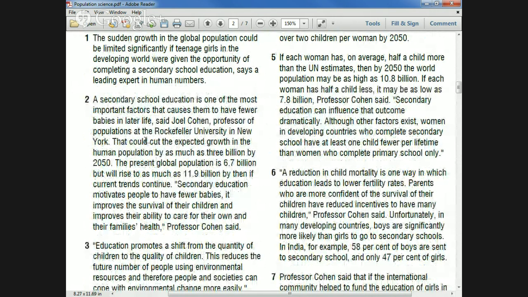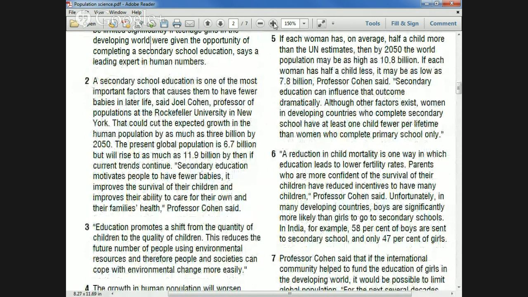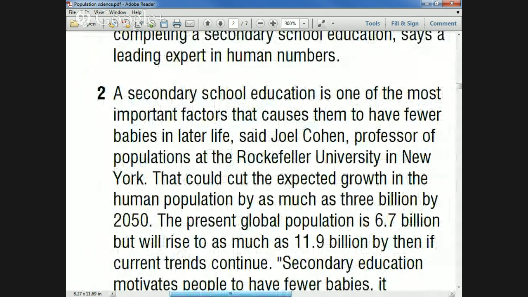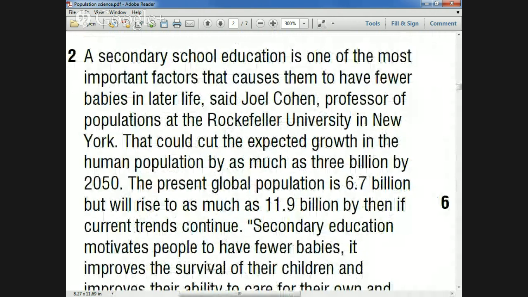Secondary school education is one of the most important factors that causes them to have fewer babies in later life, says Joel Cohen, professor of population at the Rockefeller University in New York. That could cut the expected growth in the human population by as much as 3 billion by 2050.